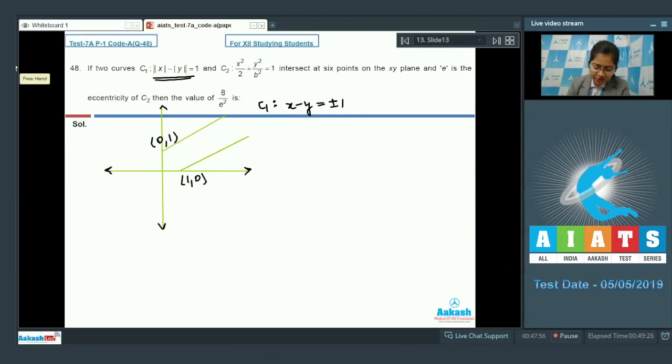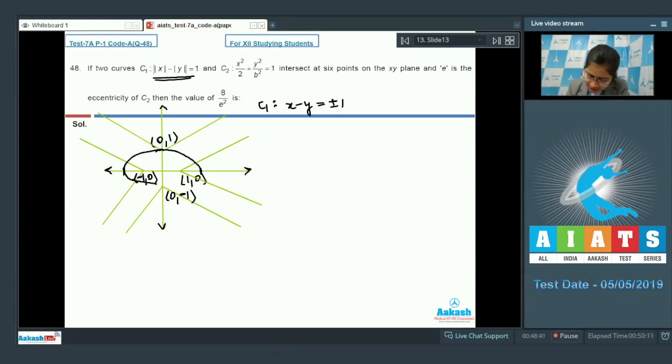So taking its mirror image in all the 4 quadrants, we will get the graph as this one, right, where this point is minus 1, 0 and this point is 0, minus 1. Now it has been given that the other graph, that is an ellipse, is intersecting it at exactly 6 points, as it will be passing through plus minus root 2, 0. So it will intersect at exactly 6 points if the ellipse is like this one.